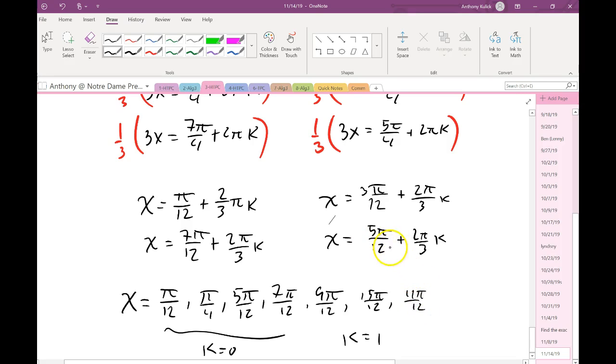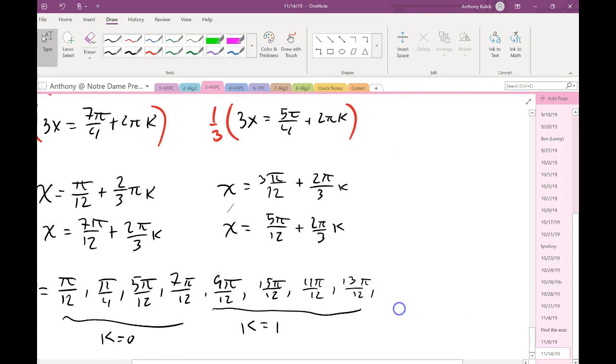And then this last one is going to be 13 pi over 12. All of those are still less than 2 pi, right? So maybe I try again.